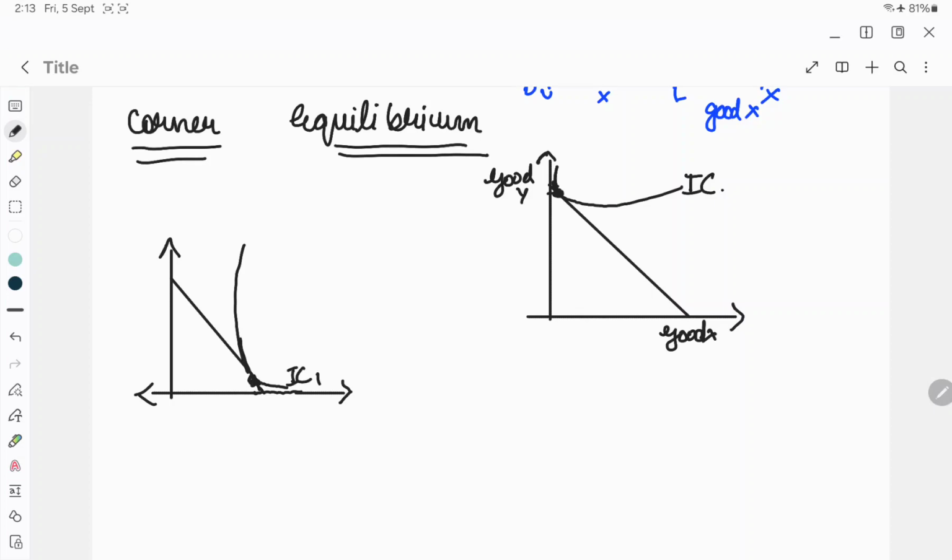So here the consumer is buying the entire good x and not buying any quantity of good y. So at this point the corner equilibrium is when only commodity x is being bought. So this is what corner equilibrium is.